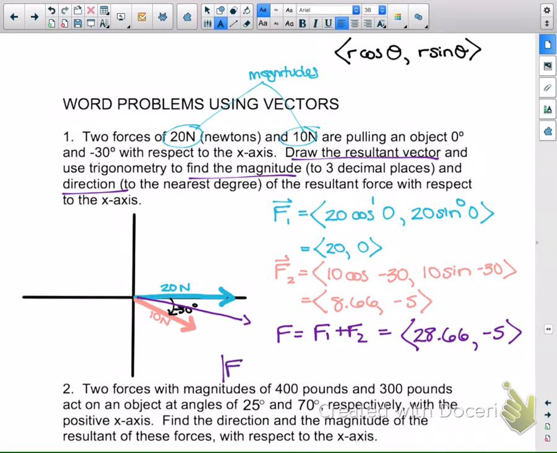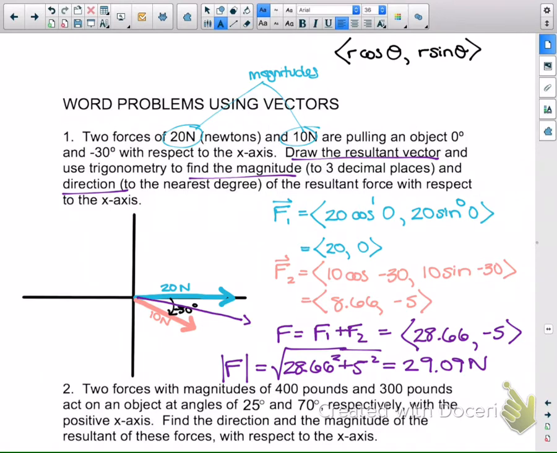Square root of a squared plus b squared. Which in this case, in word problems, it's best if you just get a decimal for these, especially if you're plugging in decimals. There's no way I'm going to get a simplified radical on this one. So if I do the square root of 28.66 squared plus 5 squared, I get a force of about 29.09 newtons as my final magnitude.